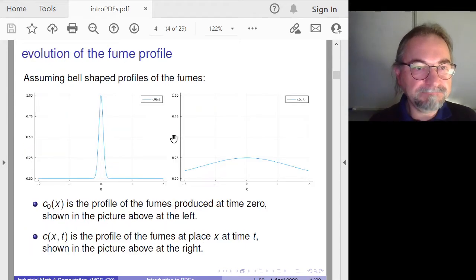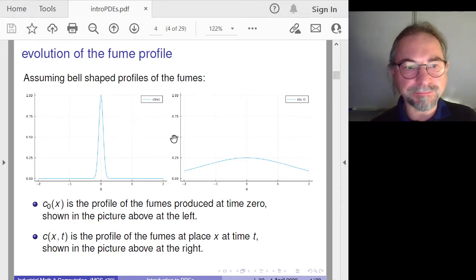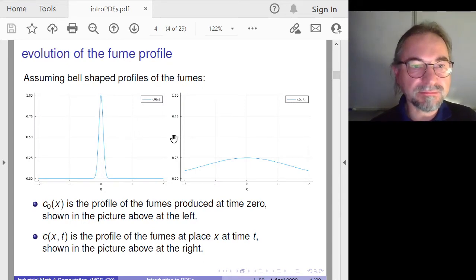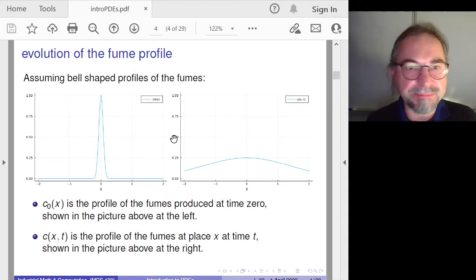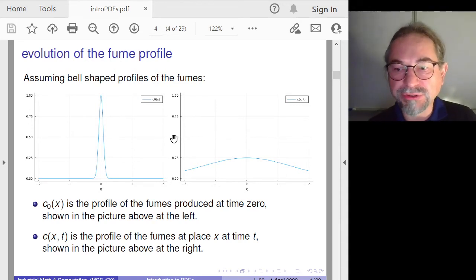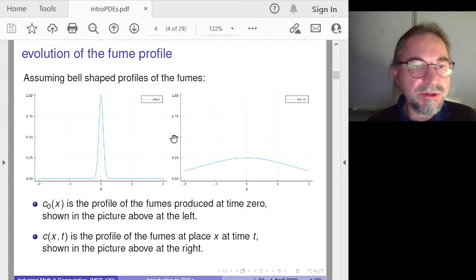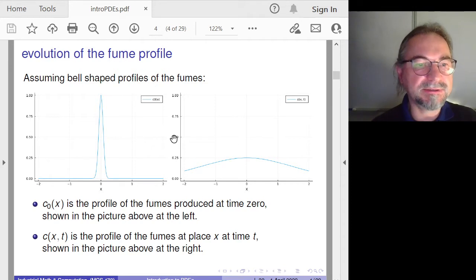Okay, what can we expect? Well, if we had to make a picture, here is a plausible scenario. We put the plant, the origin or the smokestack, at position 0, and there is the assumption that there is this diffusion, so that there is this profile of the fumes.